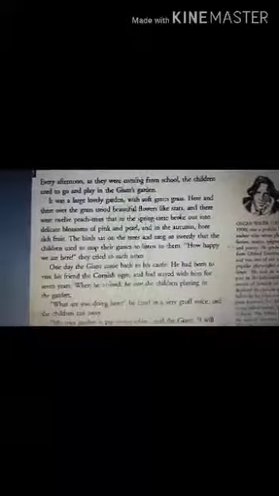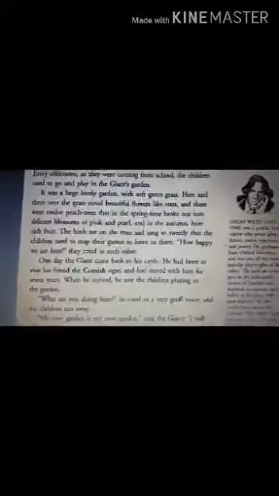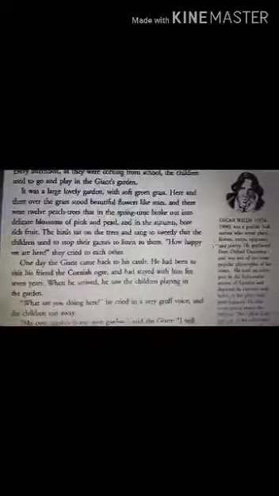There were flowers, and there were 12 peach trees that in the springtime broke out into delicate blossoms of pink and pearl, and in the autumn bore rich fruit. So everybody likes fruit on their trees.